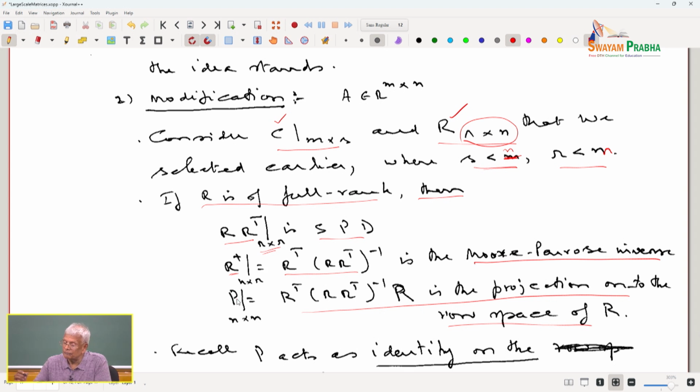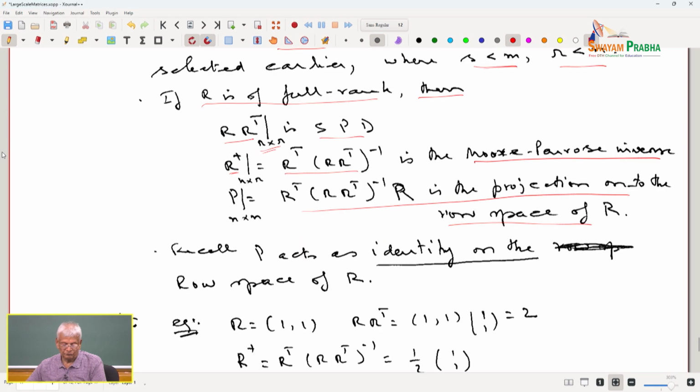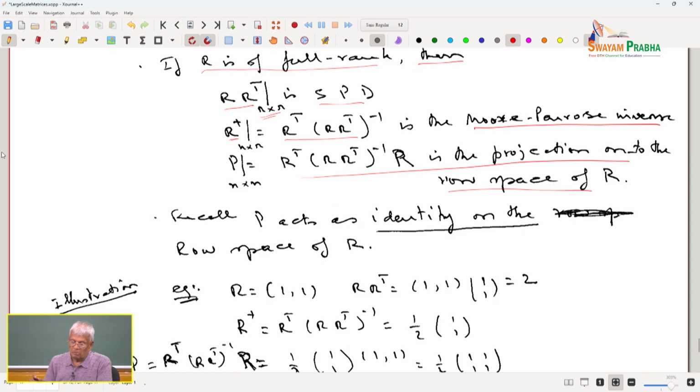R is less than n, therefore, this is a broad matrix, and I am going to consider the Moore-Penrose inverse. P is the projection matrix induced by R, which is an n by n matrix. Recall, P acts as an identity on the row space of R. That is an important property of the projection matrix.